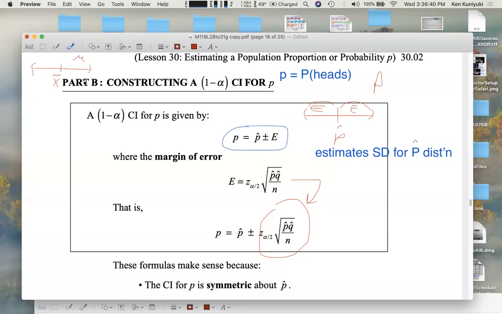Before, when we did confidence intervals for mu, we would add E to get the upper limit and subtract E to get the lower limit. So far, this should be very familiar from lessons 28 and 29, except that now we're doing a confidence interval for p, not mu.